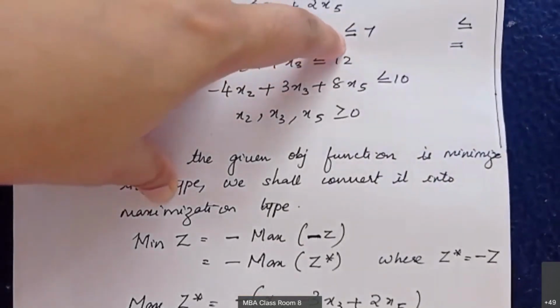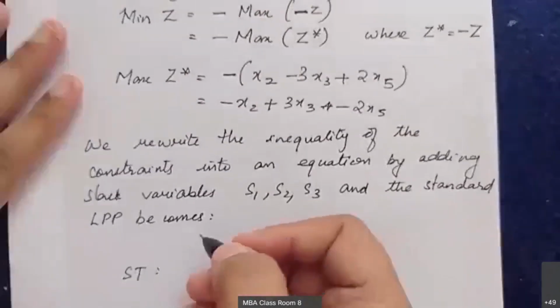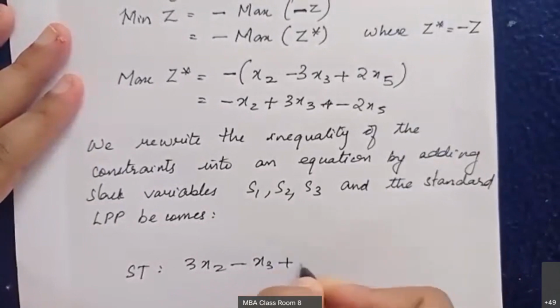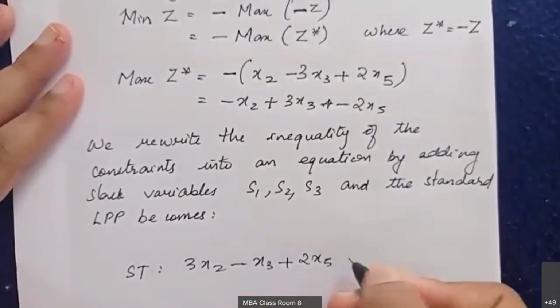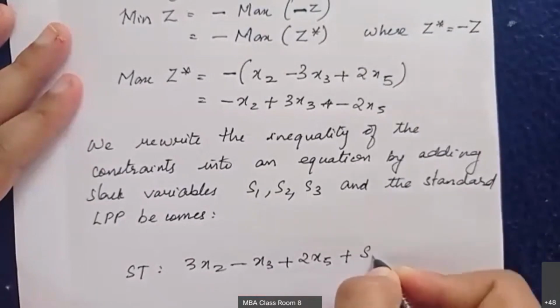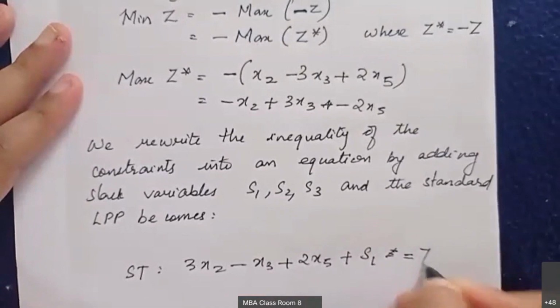So I'm going to change this inequality into equation. So it becomes 3x2 minus x3 plus 2x5. Instead of less than or equal to, I'm going to add plus s1. We don't have to put less than or equal to 7.